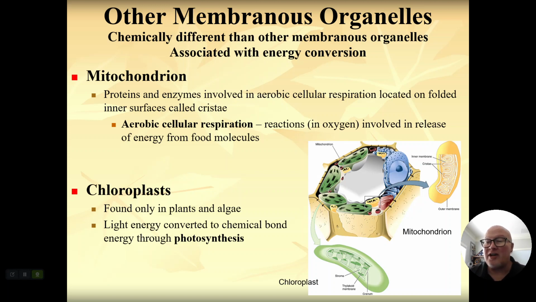Both have their own DNA, they reproduce on their own, and they have a double membrane system very similar to that in bacteria. So physiologically, they are very much like bacteria. Essentially, this was a symbiotic relationship that formed eukaryotic cells in the first place. That's called the theory of endosymbiosis, and we'll get into that a little more.